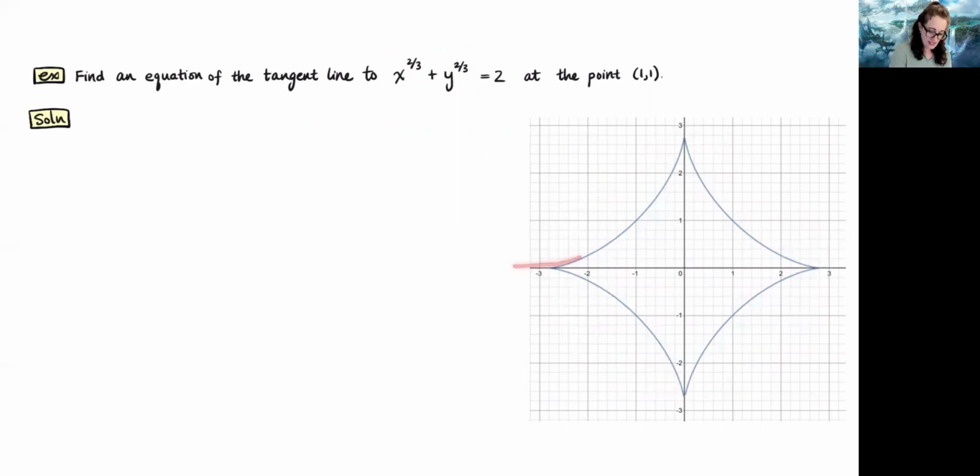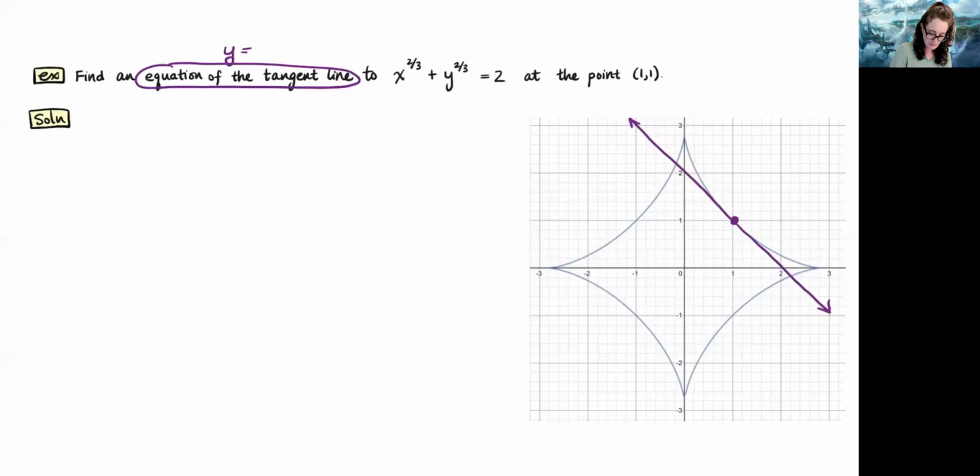So we want to find the tangent line equation at the point 1, 1. So 1, 1 is right here on that purple dot. And if we were to sketch in a tangent line to that point, I don't know, it might look something like this. So we want the formula, the equation of the tangent line.